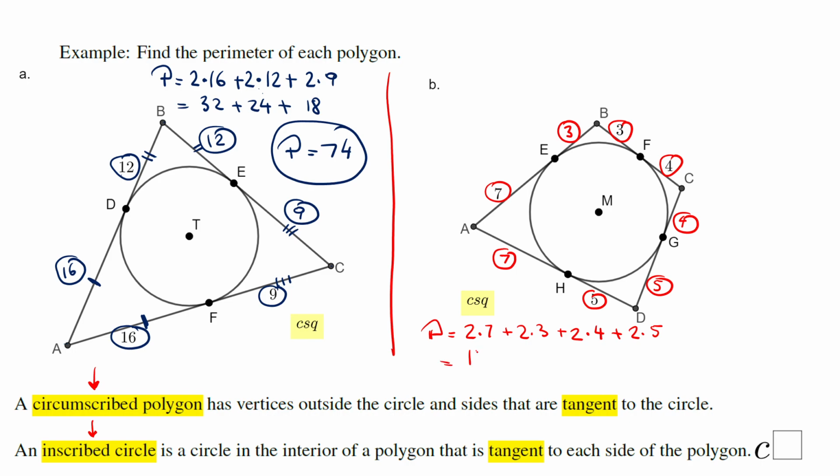We get 14, 6, 8, and 10. We have to add these 4 numbers, and that will be 20, 30, 38. Okay, and that is about this example.